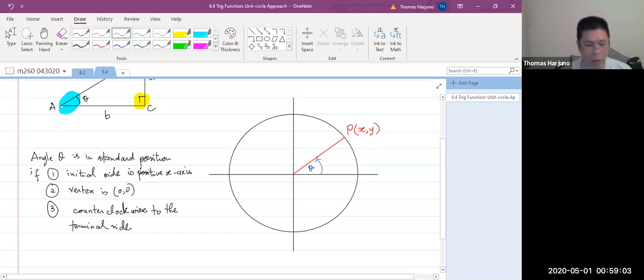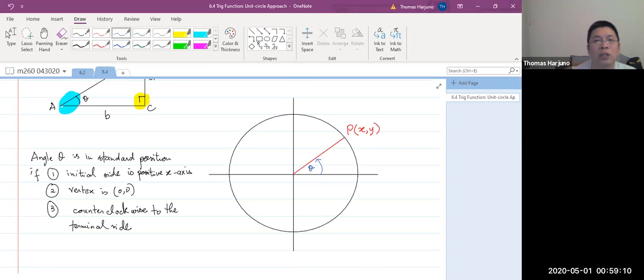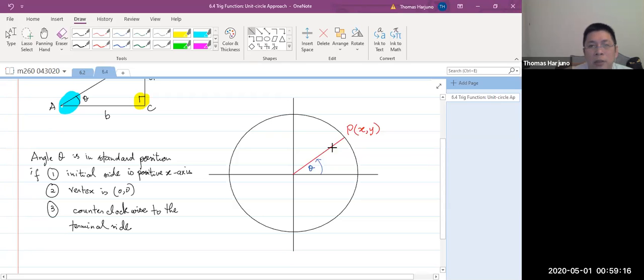Now I said earlier I superimpose that right triangle into this circle, which implies, what I'm trying to say is this. Now I have this right triangle here.